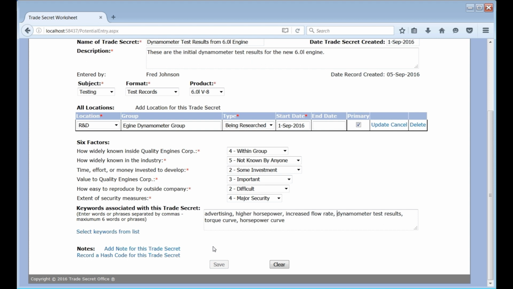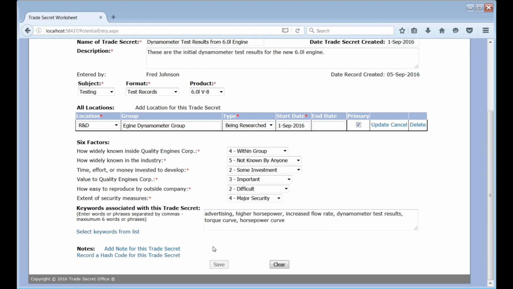The reason we want to do it with a hash code: I could put the dynamometer curve itself in here. The problem with that is trade secrets are best left where they're at. You don't want to collect all the trade secrets in your company into one machine someplace. That machine becomes a huge security risk. Part of the security of trade secrets is leaving them where they're at, leaving them distributed around the company.